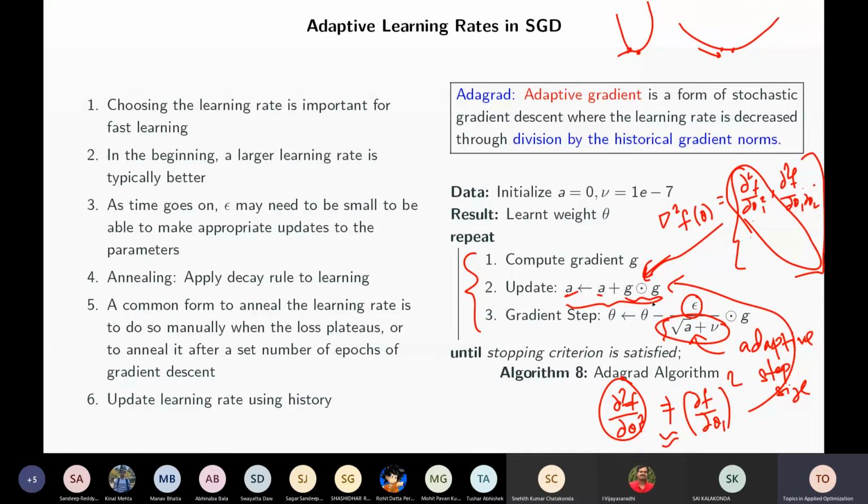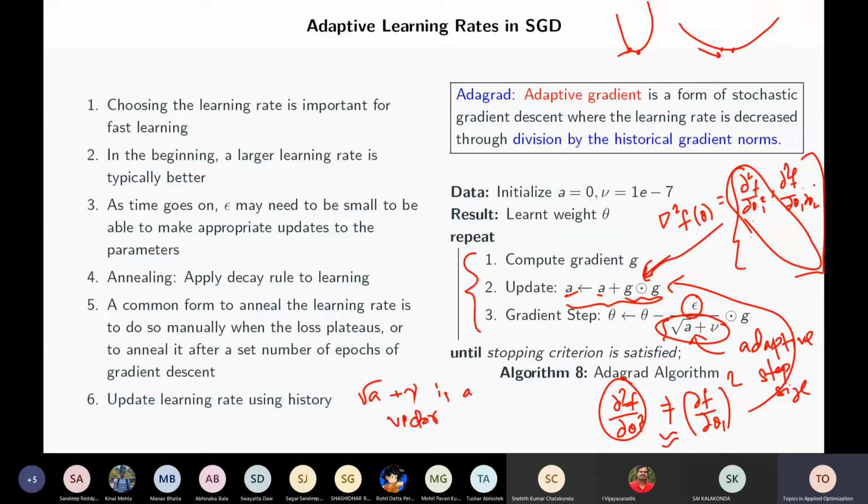And one more thing to note is that this is a vector. The square root of a plus nu is a vector. So component-wise, I am multiplying g component-wise with 1 divided by the square root of a plus nu.